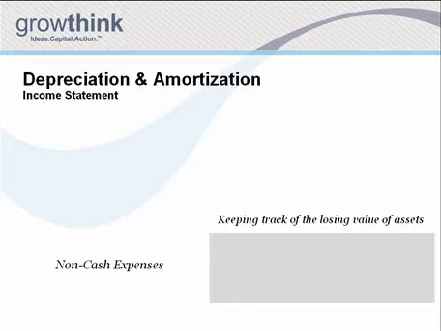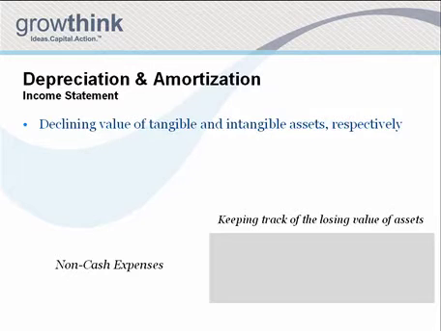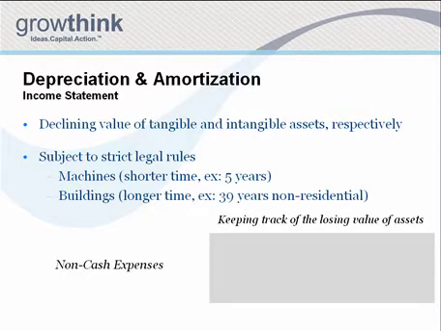I'm going to walk through the expenses below EBITDA, and the first two are depreciation and amortization. What these mean is the declining value of both tangible and intangible assets, respectively. Depreciation has to do with tangible assets such as machines or buildings. Machines, for example, may be depreciated over a 5-year period.